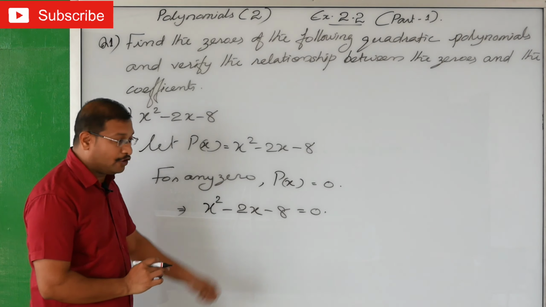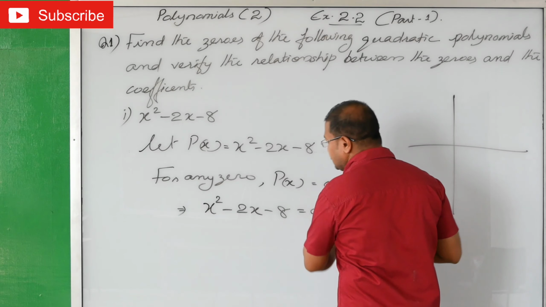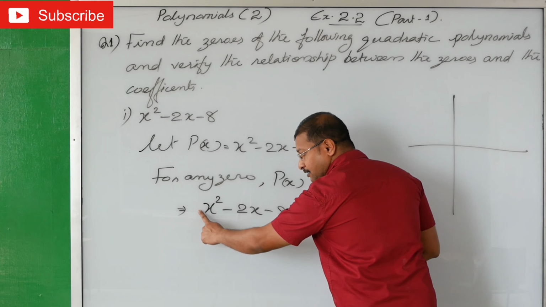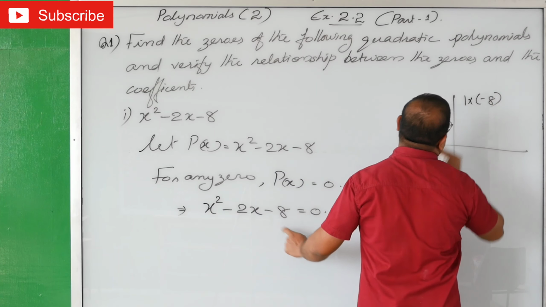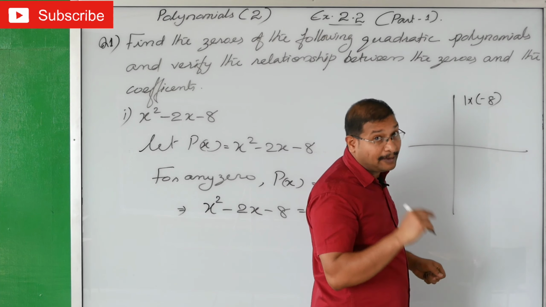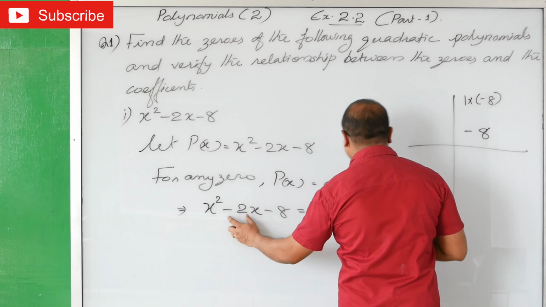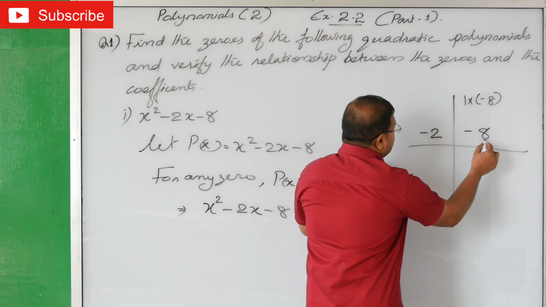That means breaking the middle term. First I will take the coefficient of x square, that is 1. Here is minus 8. So 1 into minus 8, minus 8. And the middle is minus 2.